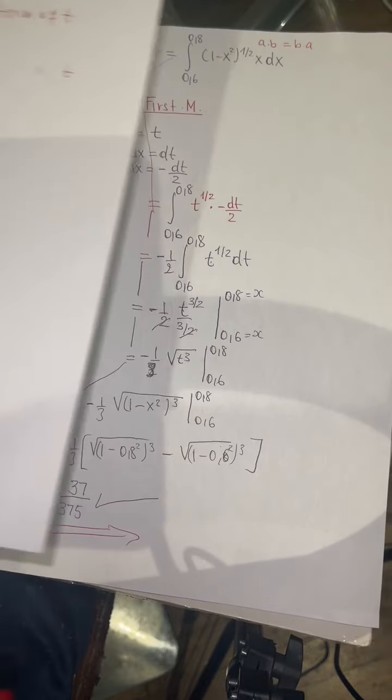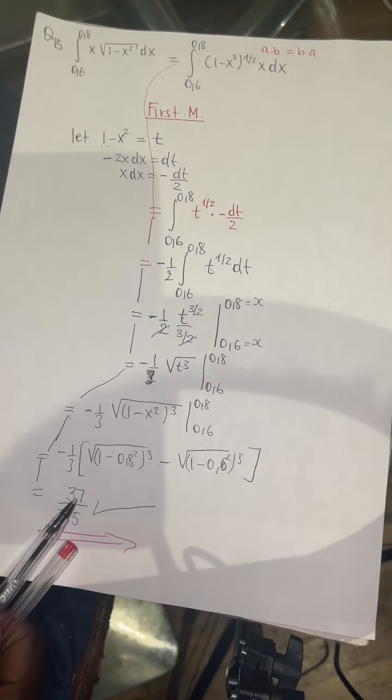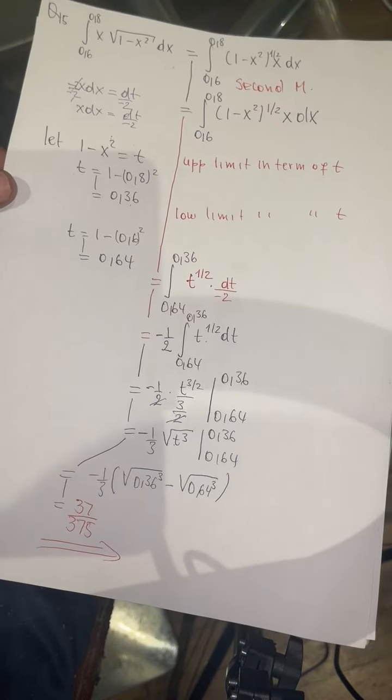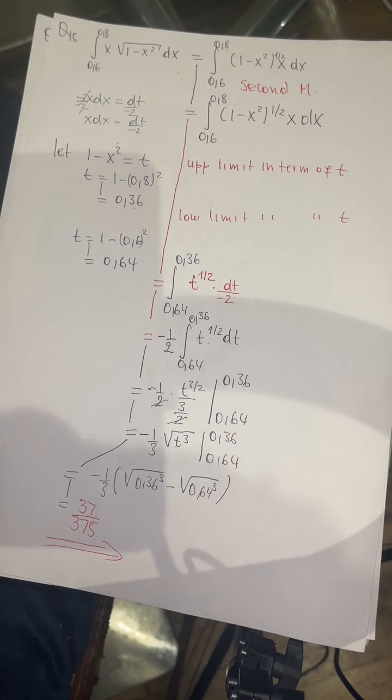So this was the first method and we end up with this result. And when we do the second method, we still end up with the same result. So guys, I believe that from now, everything is clear. So you guys can solve any question about integration so far.